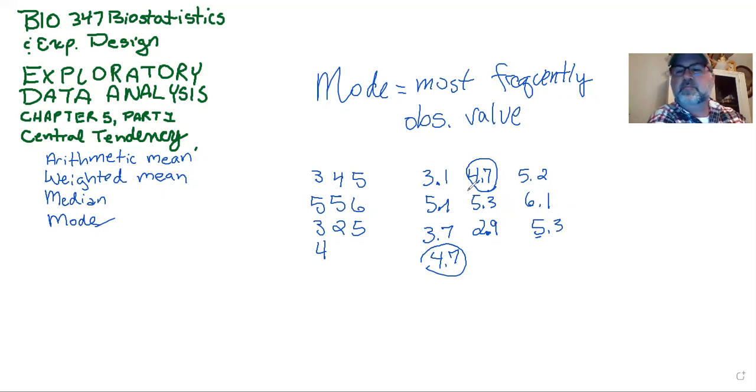So in this case, the mode would be kind of misleading, okay? And in fact, if you weighed these kidneys on a better scale, you may find that you have 5.71 and 5.72, in which case there is no mode. Every observation is different.